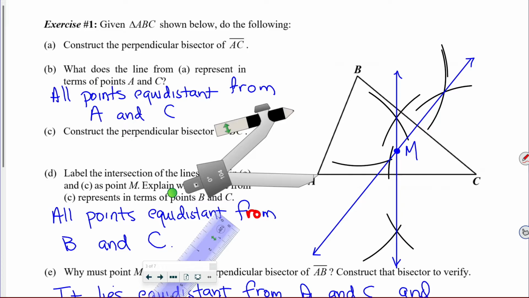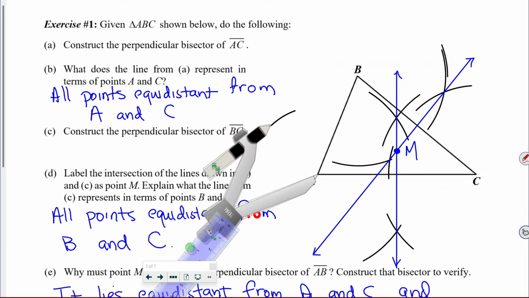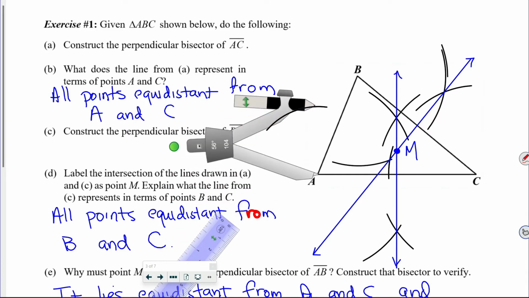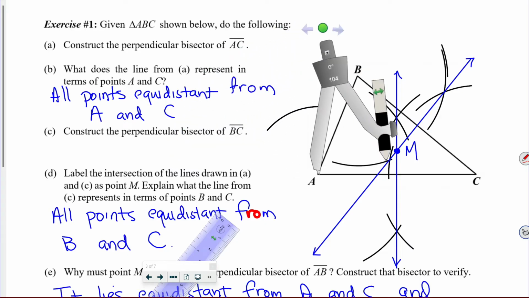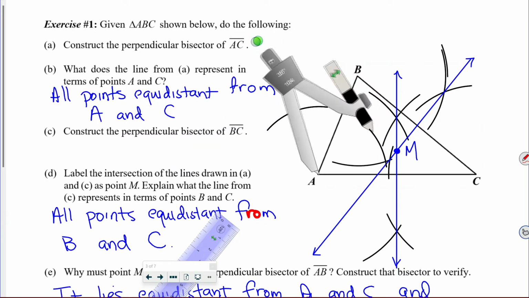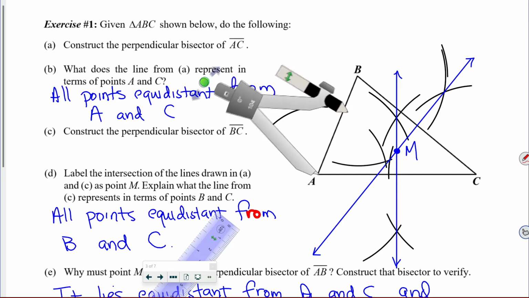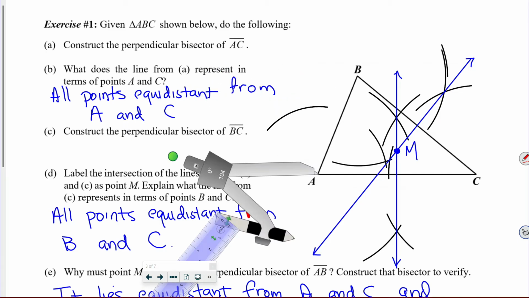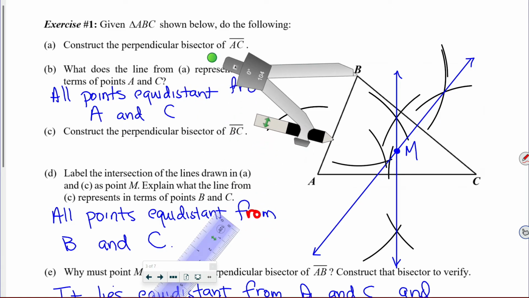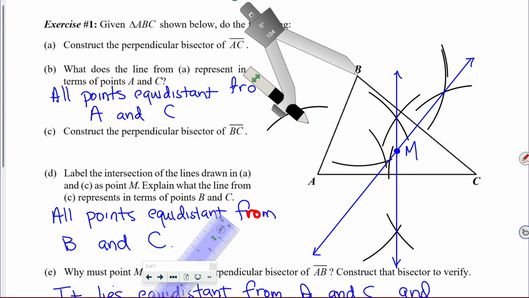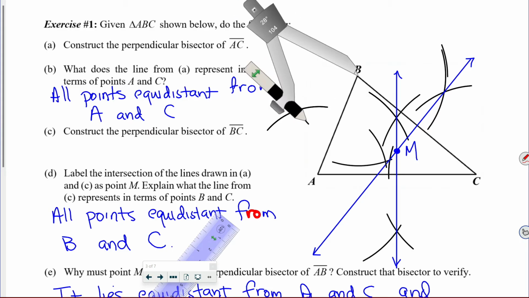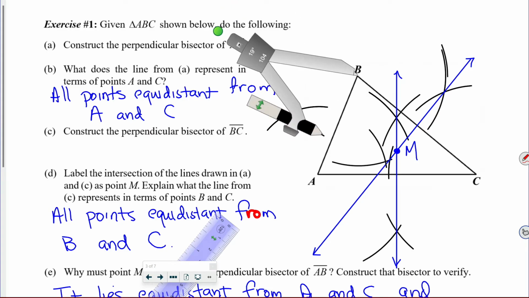Still not on point A. There we go. Okay, now make another arc here. All right, switch it around, put the point of my compass on B. Hope against all hope that when I draw these two arcs, it gets the job done.